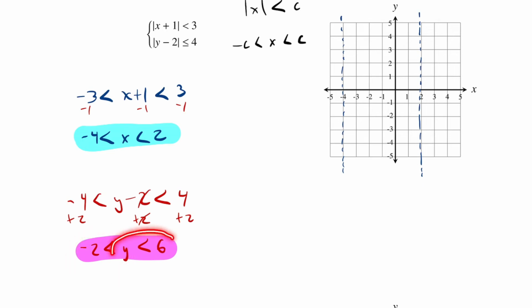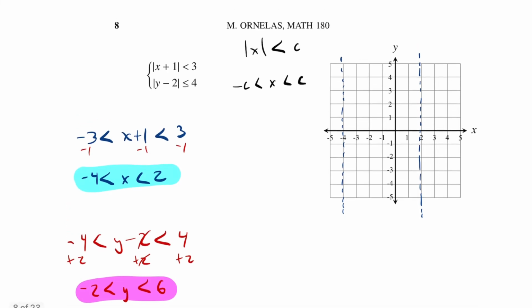So here's the one at negative 2, and the one at positive 6 would be up here. And this is saying that the solution set is all the values that are in between negative 2 and 6. So that would be all of these values.